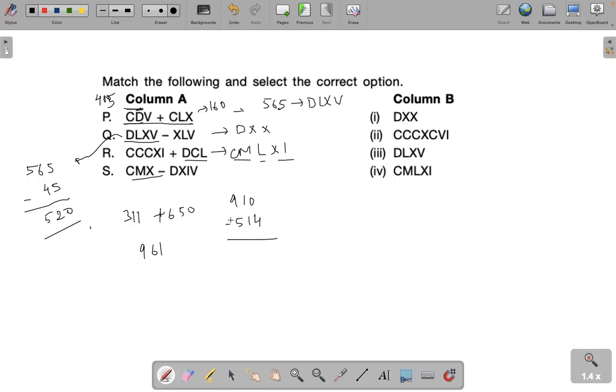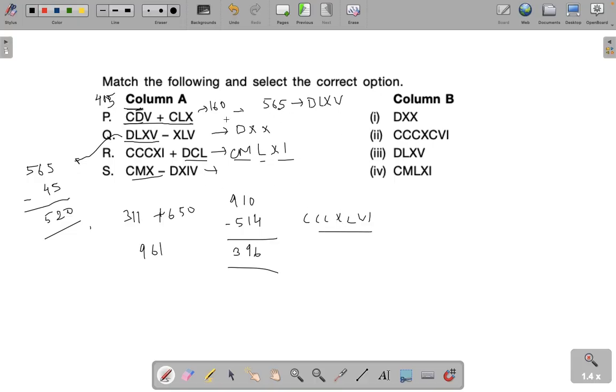If you subtract both of these, 396. Yeah, 396. How do you write 396 in Roman numerals? Yeah, correct.